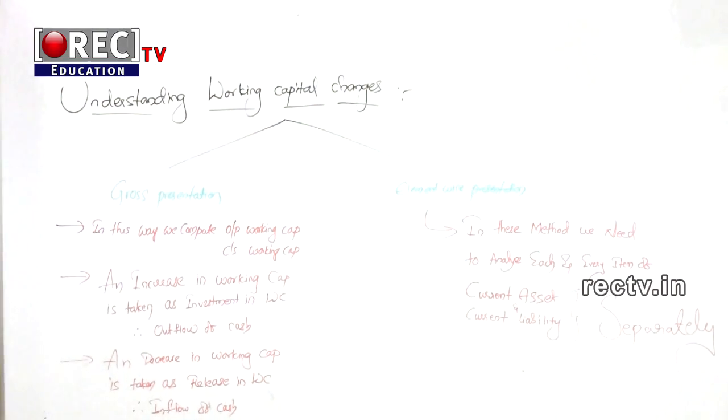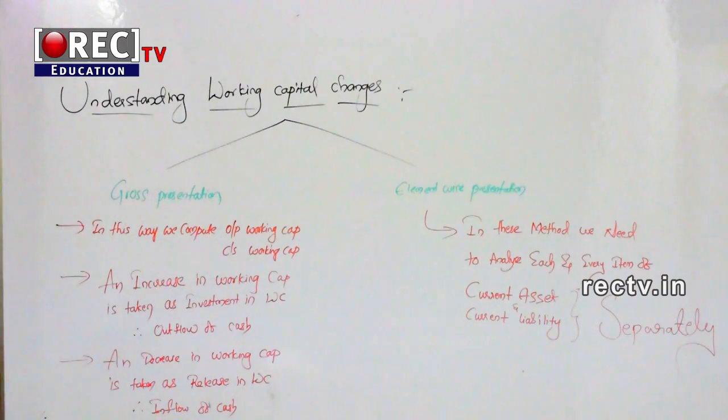Now we are going to understand the meaning of working capital changes. To understand these working capital changes, we have two presentations, that is gross presentation and element-wise presentation. In gross presentation we compute opening working capital and closing working capital. After that there may be an increase or decrease in working capital.